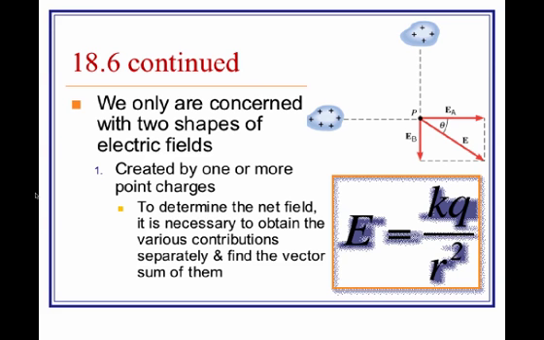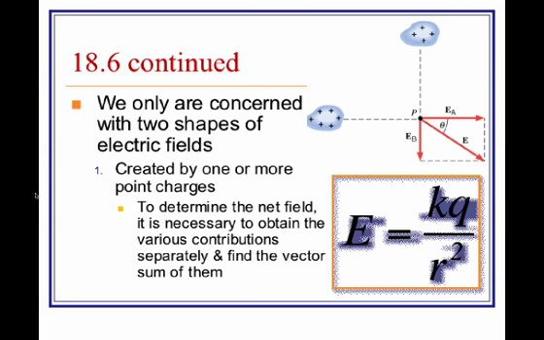Here's what I was just referring to: the electric field depends only on some point charge and the distance between that and where we're looking, along with the constant. And this is for just the electric field created by a point charge. The other idea that we're going to look at is an electric field created by a parallel plate capacitor, but we'll get back to that in a second.